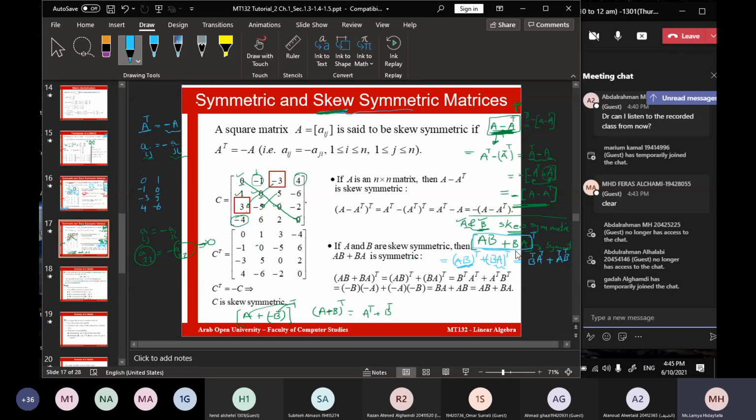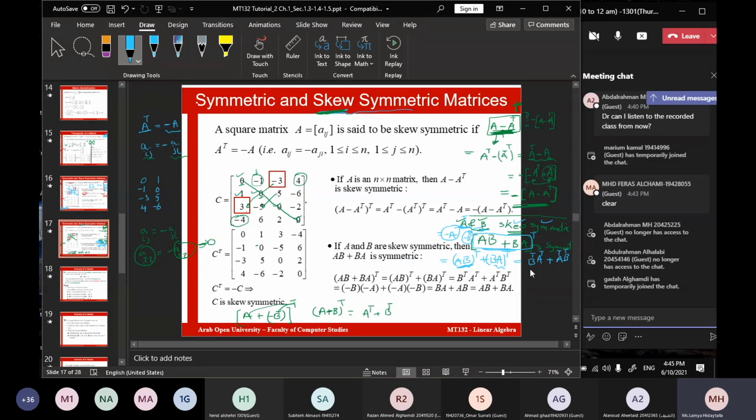Did I reach it? Not yet. Okay, what property do I have? From the beginning, he told me that A and B both are skew symmetric. So what is the meaning of this? That means A transpose is equal to minus A and B transpose is equal to minus B, correct? So I can use them here.